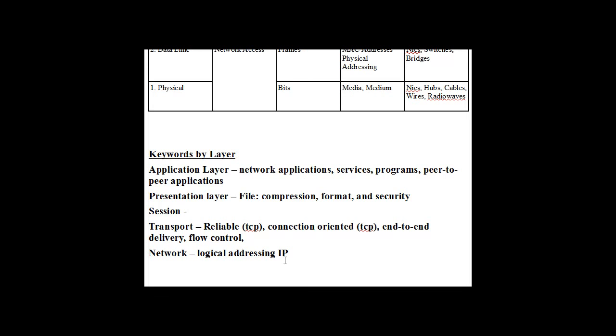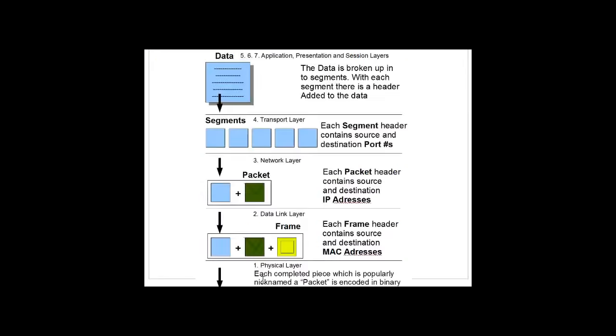Anything to do with IP addresses or logical addresses, you're talking about the network layer. If the words best path appear in the question, you know you're talking about routers. Path determination: you know you're talking about routers, and you're talking about layer 3, the network layer.